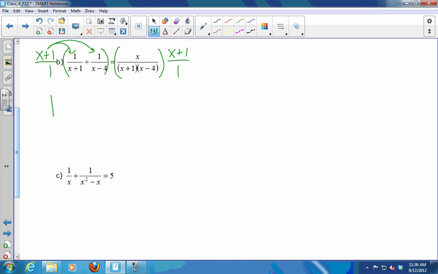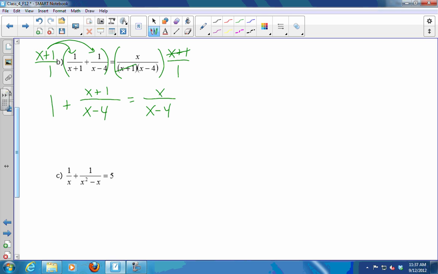So this one is going to be x plus 1 over x minus 4. Do x plus 1 times 1, and 1 times the x minus 4, that's the resulting fraction. And then on the right, I have an x plus 1 in the numerator, x plus 1 in the denominator. They cancel. So I'm left with x over x minus 4.